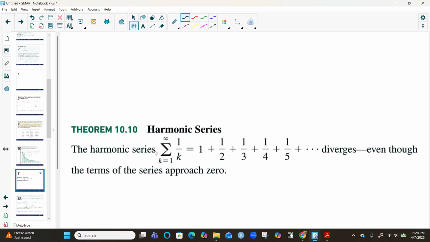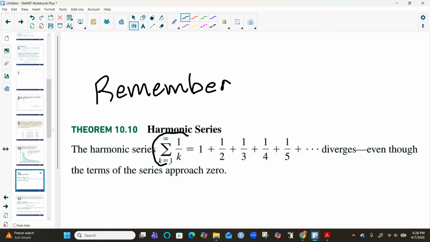I didn't name it. I didn't have any part in naming it. But this is one that you want to remember. It's going to come up a lot in the following sections. Okay, so you want to remember that the harmonic series is this. And you want to remember that it diverges even though the terms of the series approach 0.